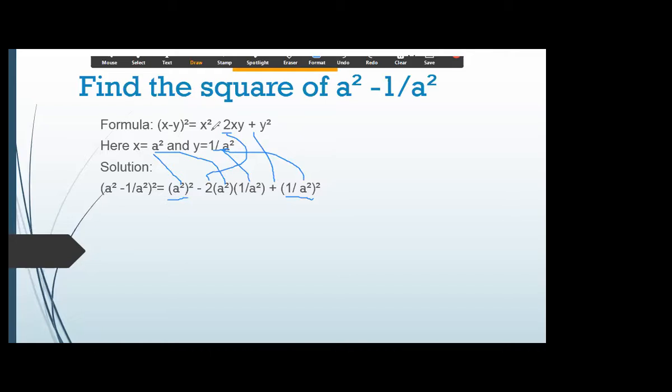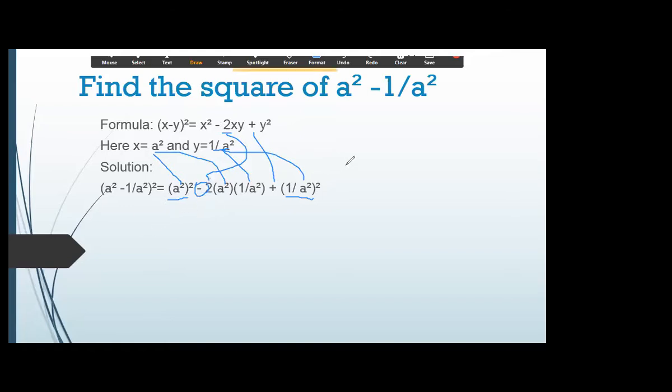Be careful about the sign. Only the second term, the term having 2xy, contains the negative sign. Clear, everybody?